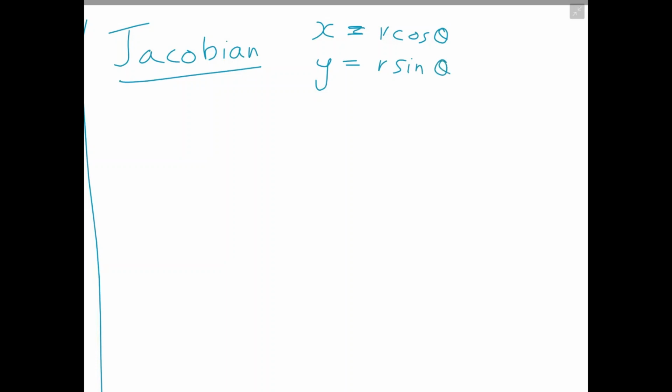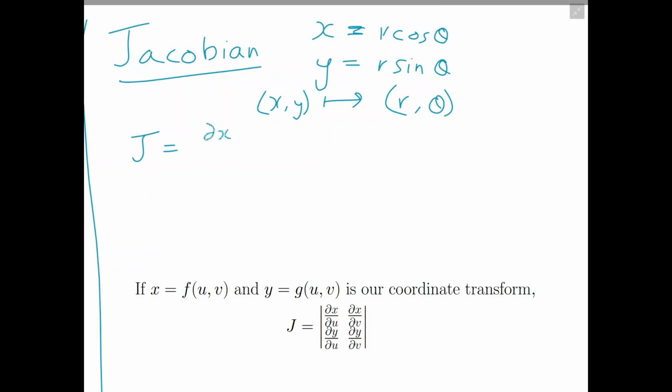So what exactly is the Jacobian? Well, it's the determinant of a matrix called the Jacobian matrix. And the Jacobian matrix looks like this. J is, if we're transforming from xy to r theta, the Jacobian matrix would look like partial x partial r, partial x partial theta, partial y partial r, partial y partial theta.